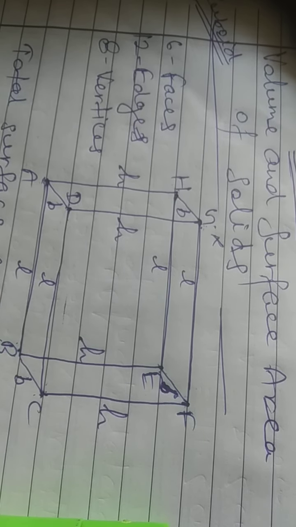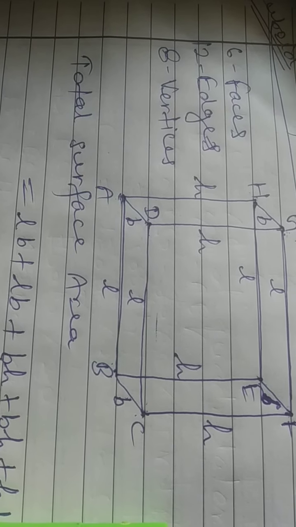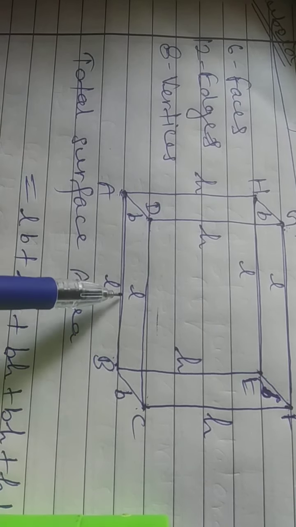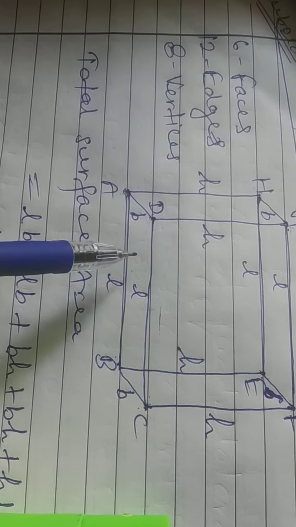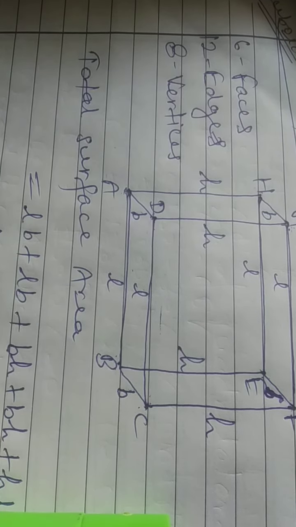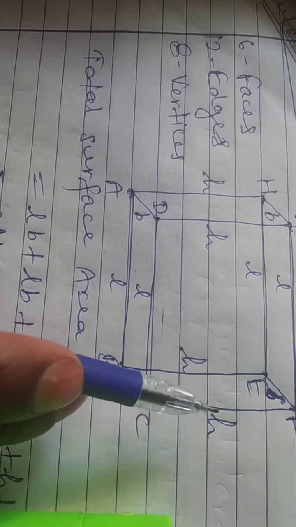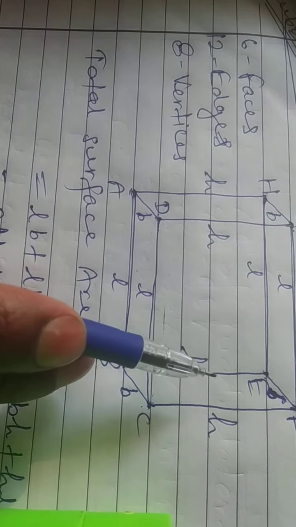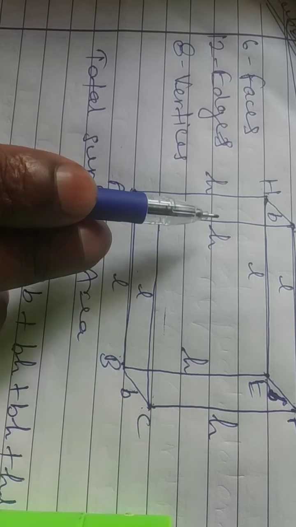The upper and lower faces each have area L into B, so we write LB plus LB. The left and right faces each have area B into H.